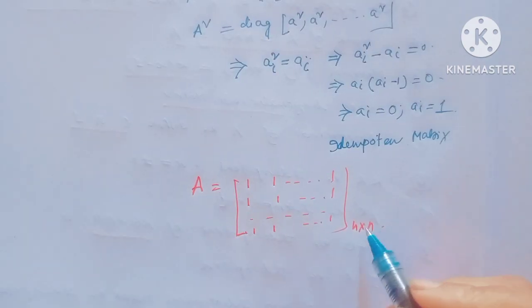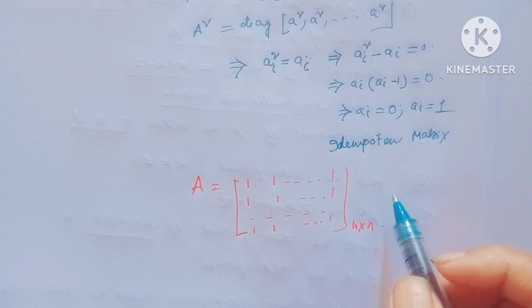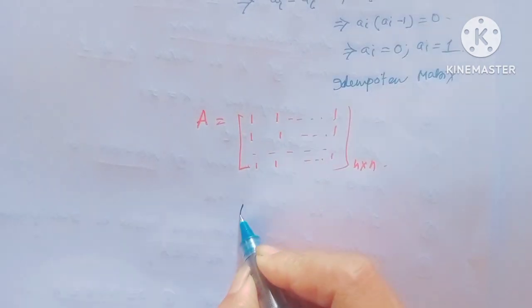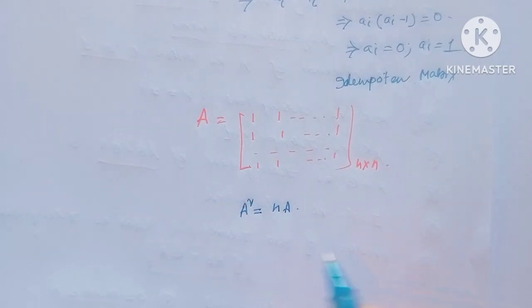When A is an n cross n matrix and each entry is 1, then A square equals nA.